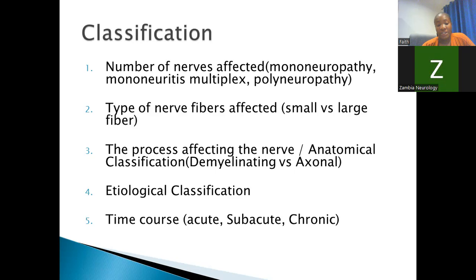And you can also have an etiological classification that is based on the cause of the peripheral neuropathy. And then finally, you can also classify it on the time course, whether it's of acute onset, subacute, or chronic onset.